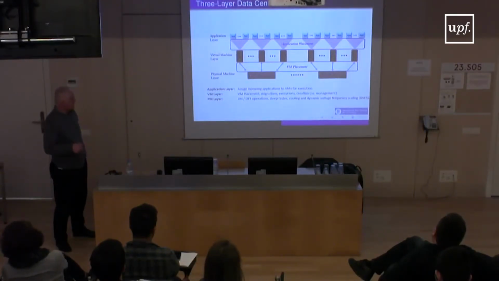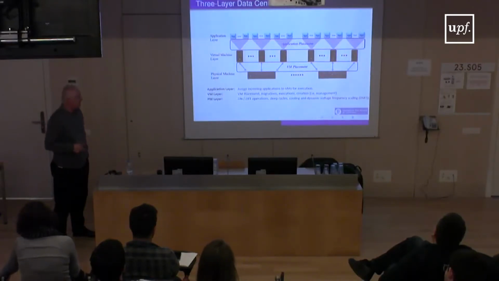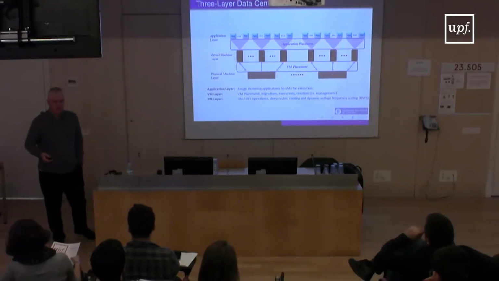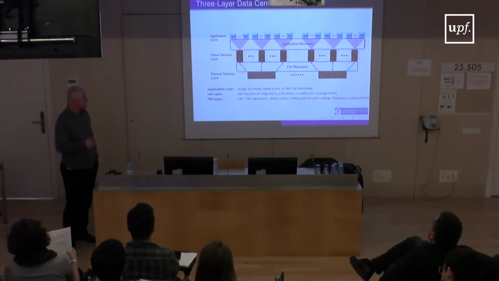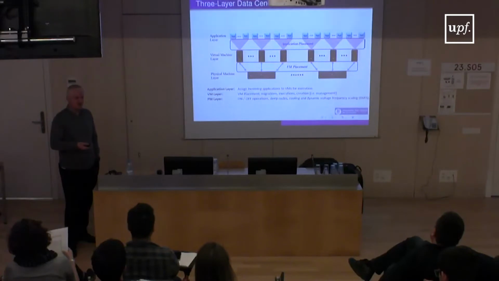Obviously, you can have various placement policies. Say you can have first application, first server, second application, first server, third application, first server. When this server is full, I move to the next one. But this policy obviously doesn't work, because you have a service level agreement, and every application has its own requirements.